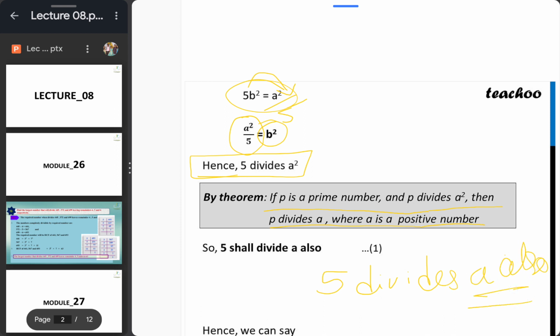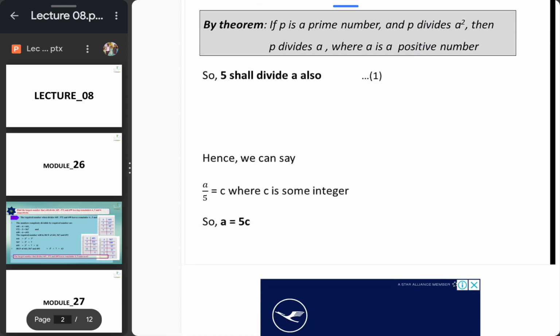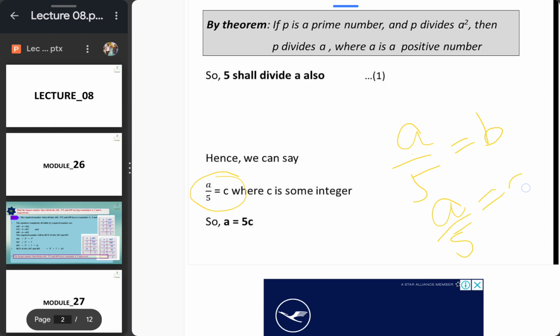Hence we can say that a by 5 is equal to c, where c is an integer.